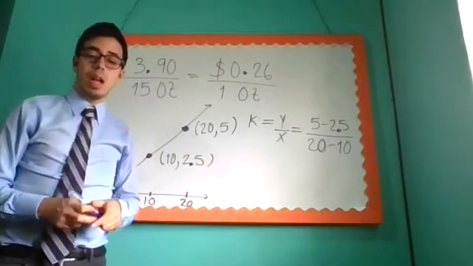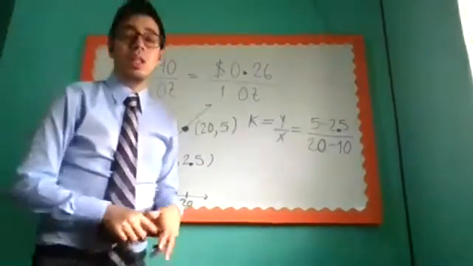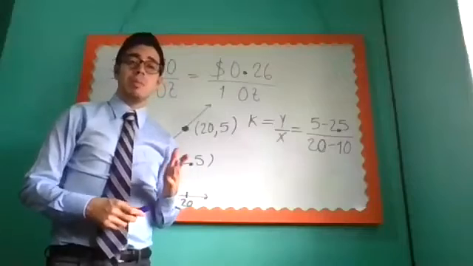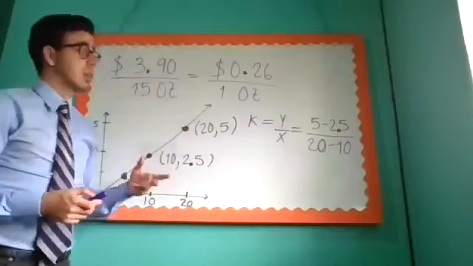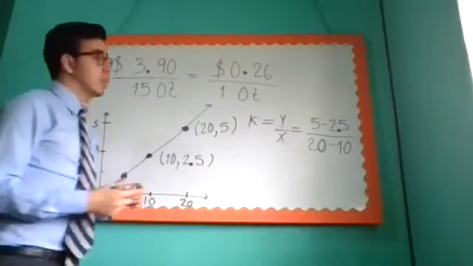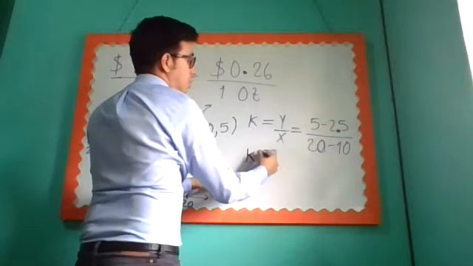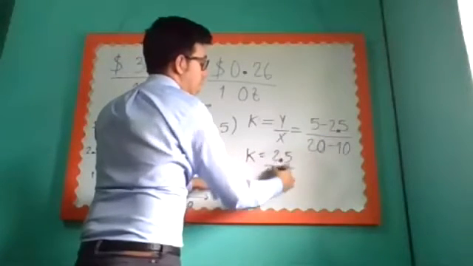You can locate, for example, 5 for the x, 10, 15, 20. It depends on you, but I use it on my convenience to obtain the best values that I can use for the value of the variable k. Okay, so we only subtract: k is equal 5 minus 2.5 is 2.5 over 10.